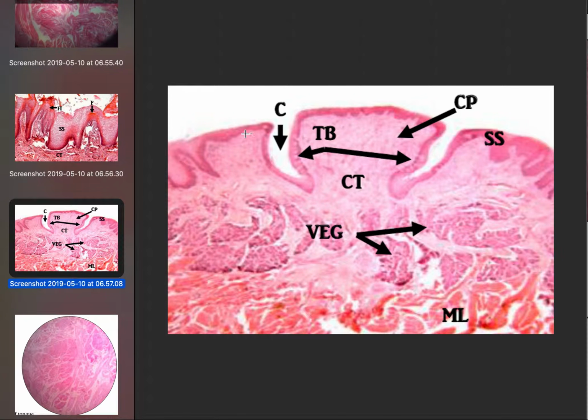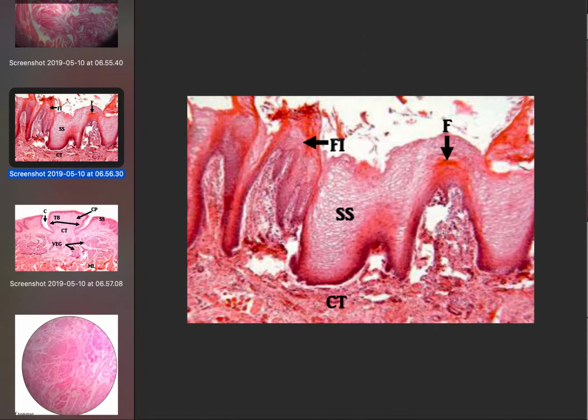Then you have clefts in between the papillae. For the fungiform papilla, you have a broad tip and a wide base. With the filiform papilla, you have a wide base and a narrow apex.